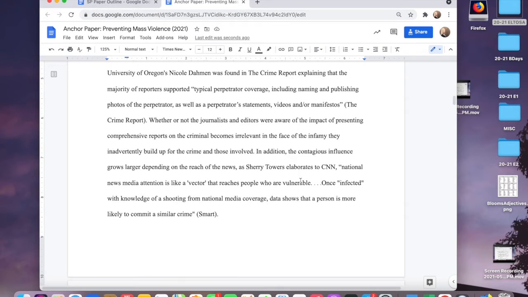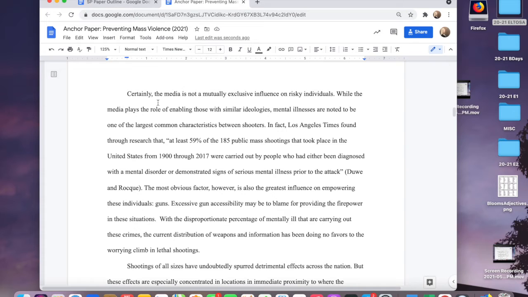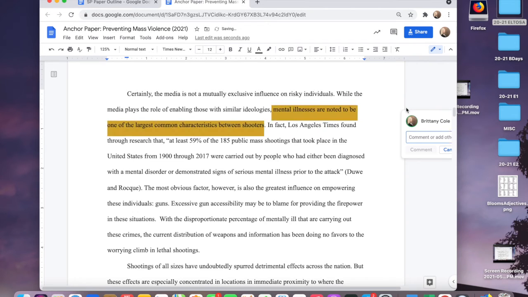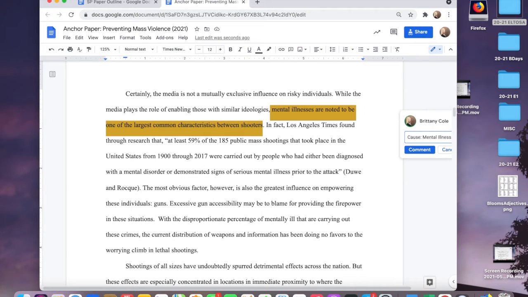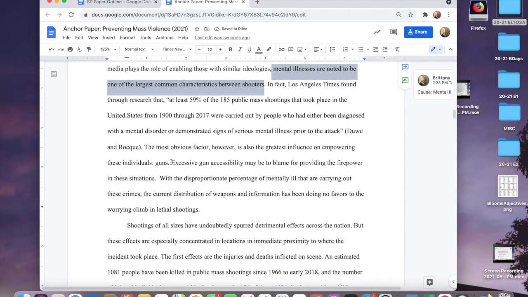And then moving on to the next paragraph, it says that media is not a mutually exclusive influence on risky individuals, and then it continues to say that mental illnesses are noted to be a large common characteristic. So I'm going to put mental illness as another cause. But again, it doesn't state if that's the primary cause, but it is definitely a common characteristic.